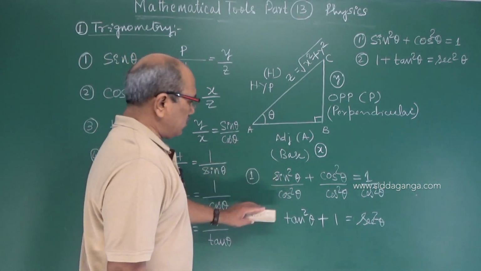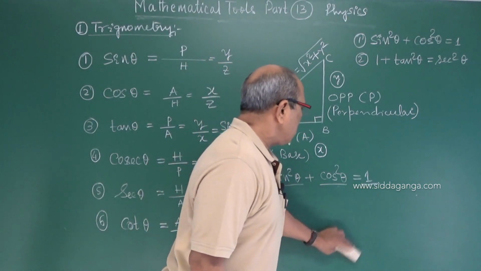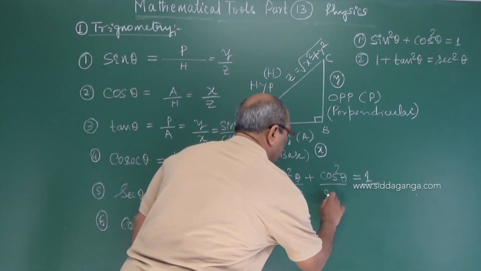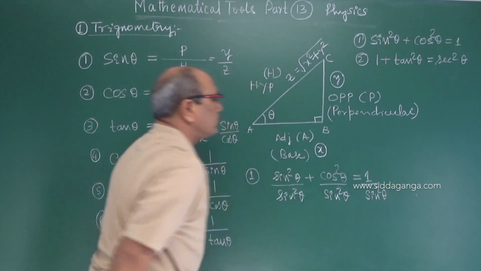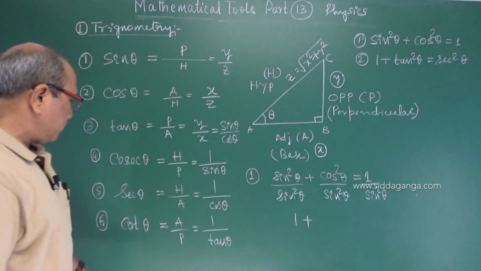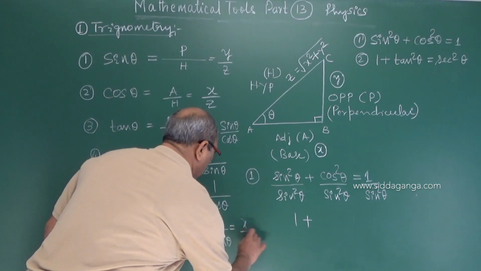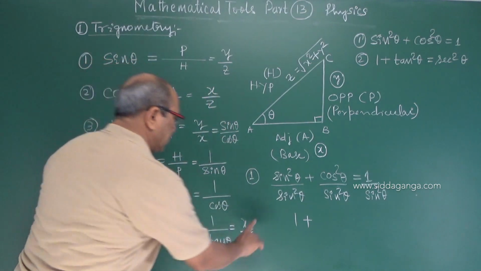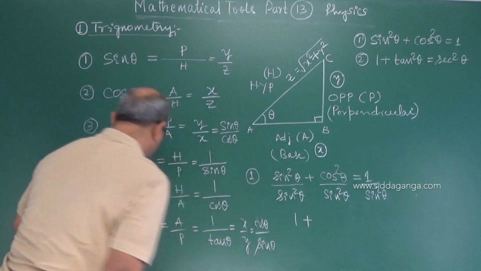Let me do the other one. Instead of cos theta, if I divide by sin square theta, this becomes 1, and 1 by tan theta is nothing but what we write as x by y, which is cot theta. x by y I can write as cos theta by sin theta, which is cot theta.